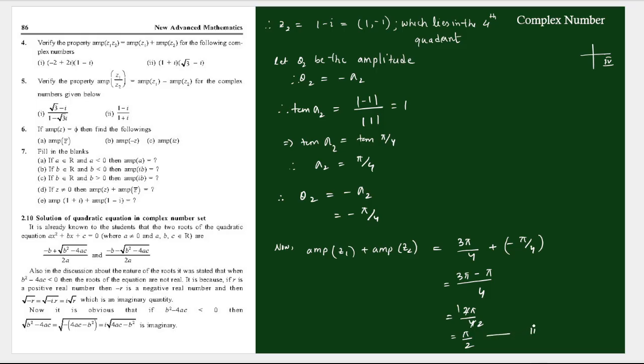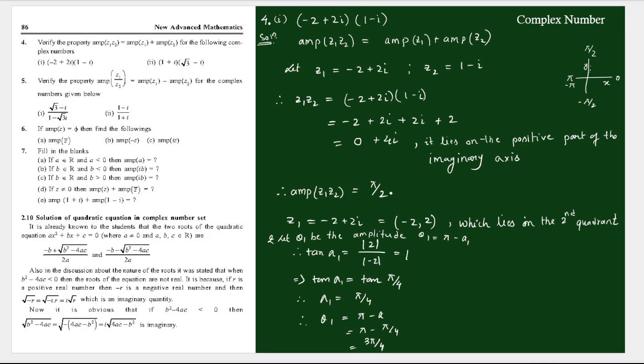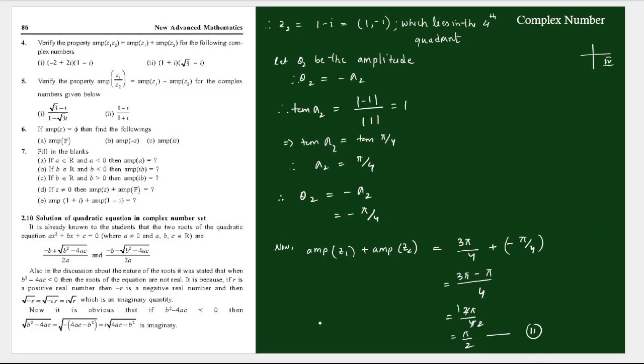Okay, let's keep this as number 2, and then earlier one, let's number it as number 1. Amplitude, this is number 1. So now from 1 and 2, the property is proved. Okay, I will write here, continuation of this one.